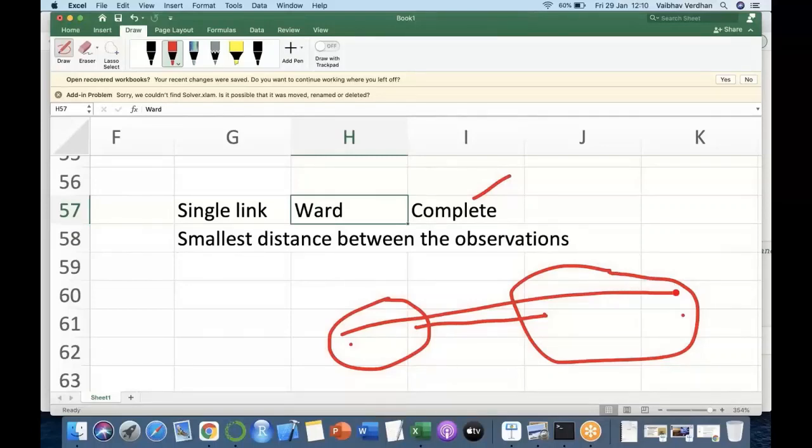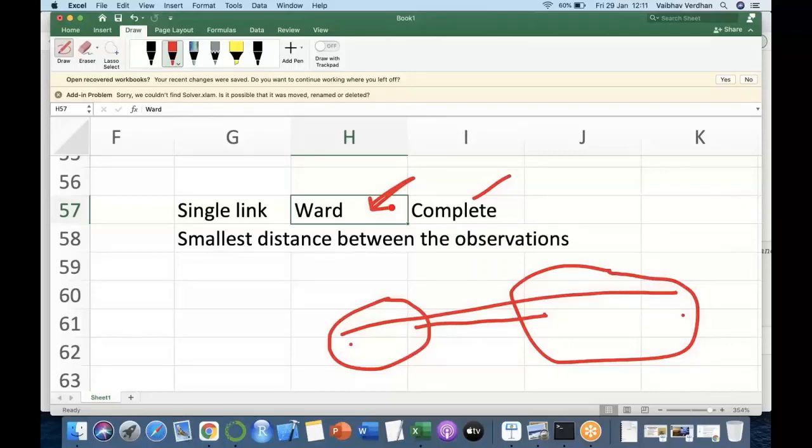Apart from that, you have one more linkage method which is called the Ward linkage. Ward linkage is based on variance. Okay, so the criteria is that we would be choosing the clusters based on the variance. Like the function is that I want to minimize the variance over here.